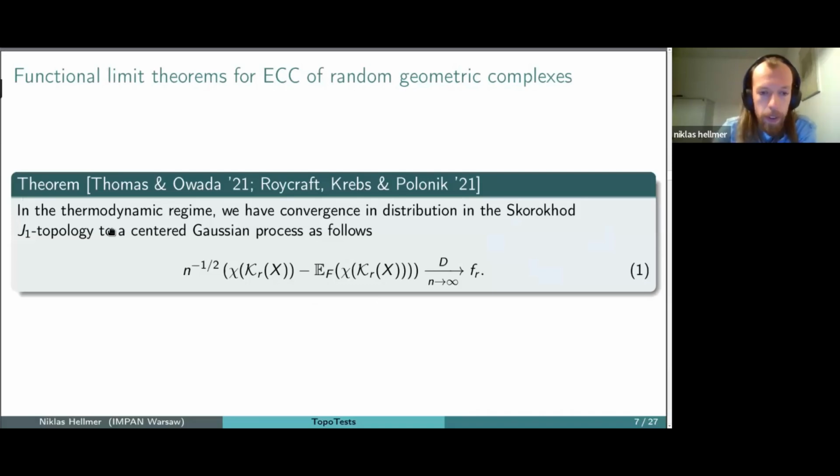And why is this interesting topology in this regime?